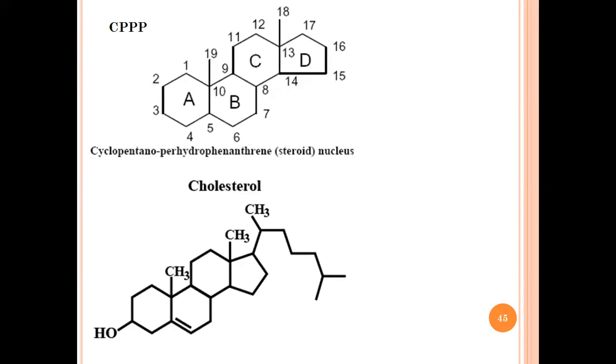That is why it is abbreviated as CPPP. So even though it might not be there for your board exam, it is very much important for your entrance exams, both from a chemistry and a biology point of view.